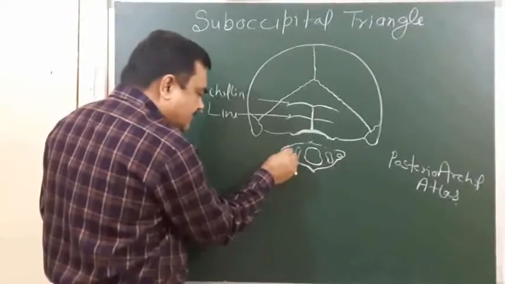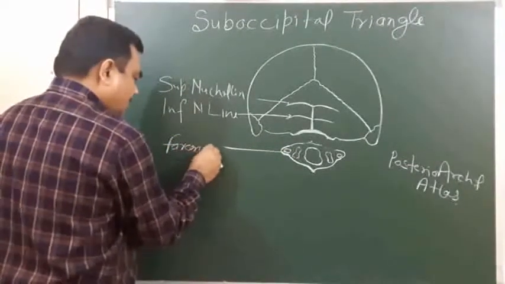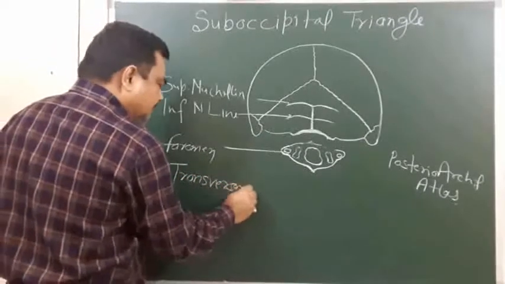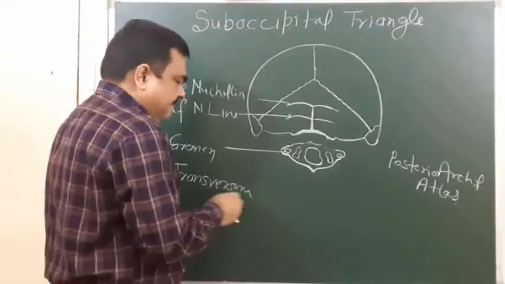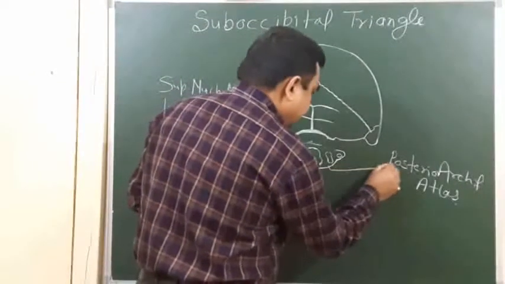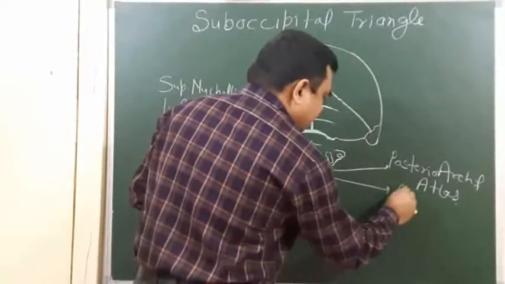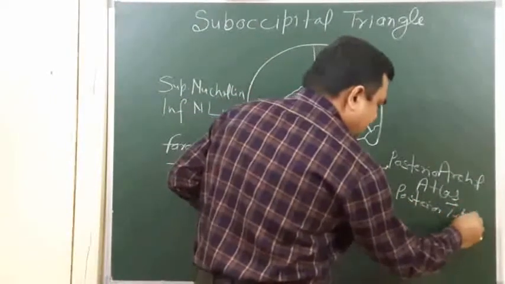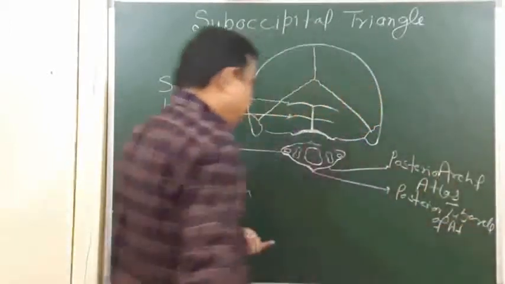This is the foramen transversarium. So this is the posterior arch, and this is the posterior tubercle of the atlas.